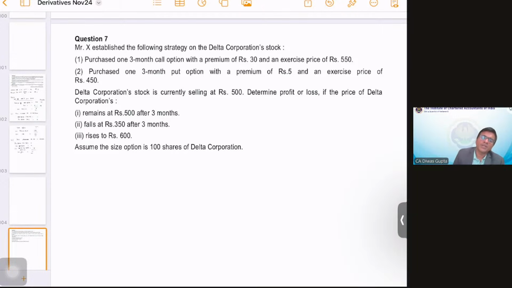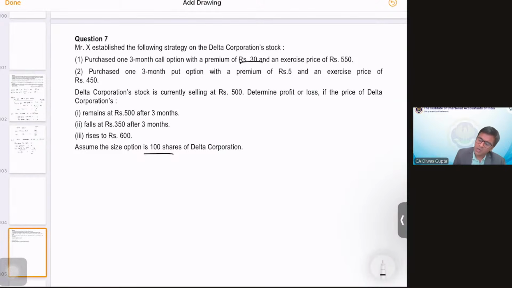Delta Corporation's stock is currently selling at rupees 500. Assume the size of the options is 100 shares of Delta Corporation. This is the lot size.